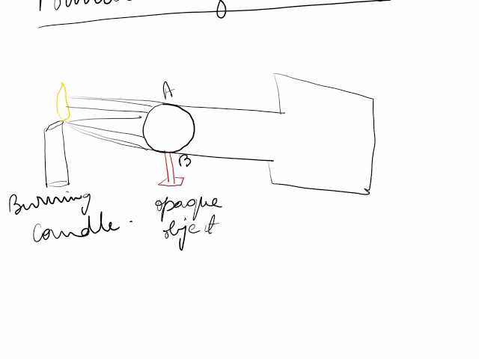So what is happening? Here you have light rays, here you have light rays. The shadow of the object is formed here. This is the shadow, which is dark.